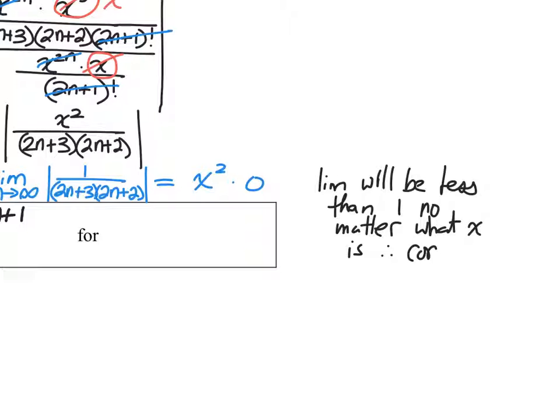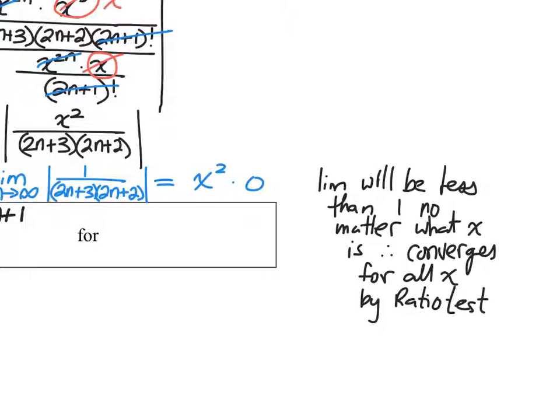Therefore, it converges for all x by the ratio test. All right. So we get our domain here. X belongs to the set of all real numbers.